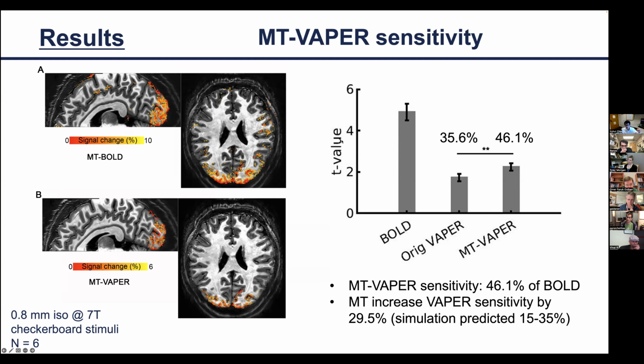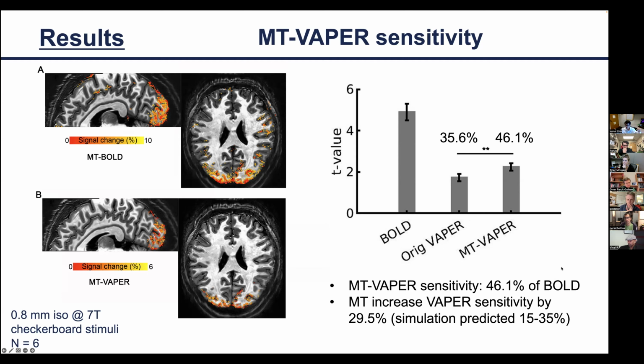The right shows the mean T value in the BOLD activation region. So we calculated the BOLD and VAPER T values inside this activation region. They have the same ROI. And we also compared with the original VAPER, where the MT preparation is turned off. You can see relative to BOLD, VAPER sensitivity now is around 46% of BOLD.